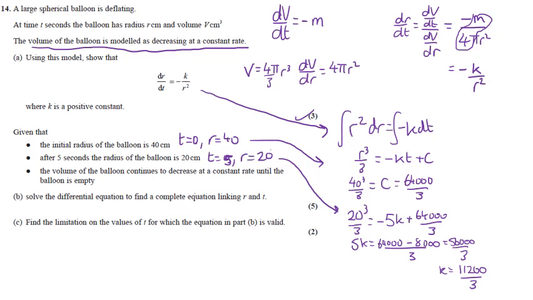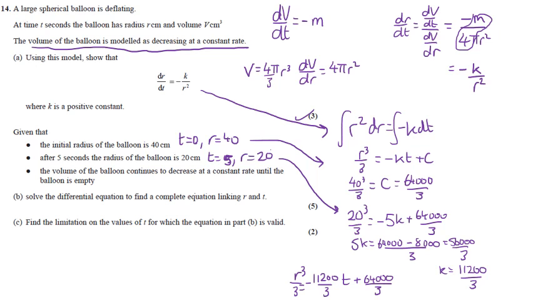So if we put that all back together, we get r cubed over 3 minus 11200 over 3 is equal to minus 11200 over 3 times t plus 64,000 over 3.